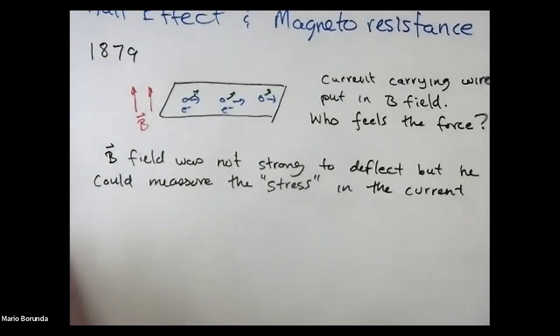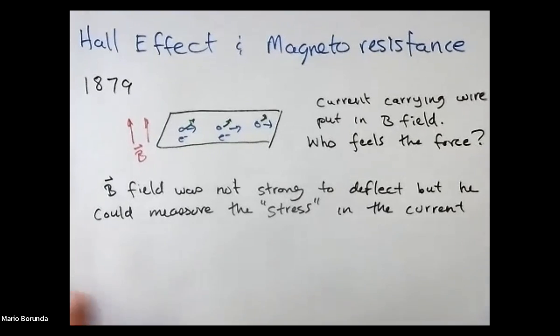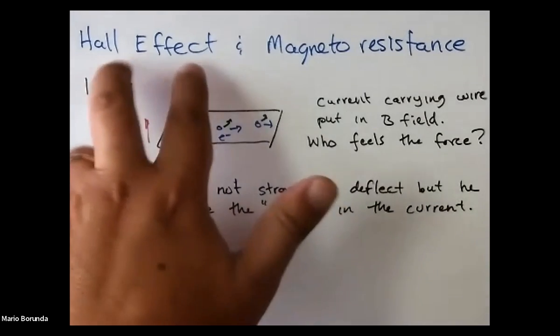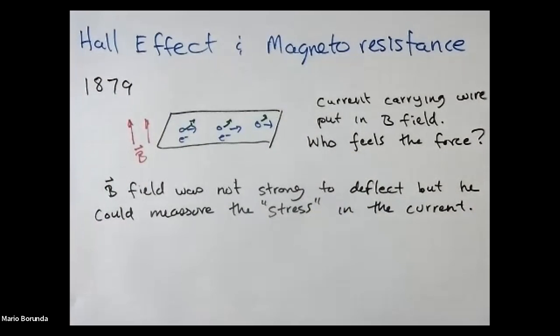So this current, the stressing, is what we call the Hall effect. So he was after the magnetoresistance, but he didn't have enough magnetic field in there. He didn't have the sensitivity to get the current to change completely. What he did have was the ability to measure voltage across, and that's how he gets that there's a stress happening on the system.